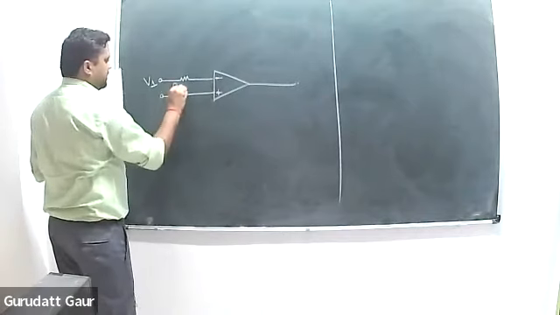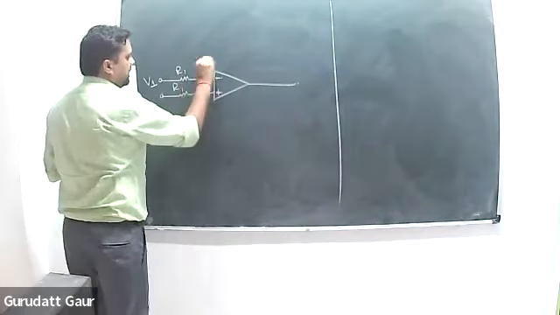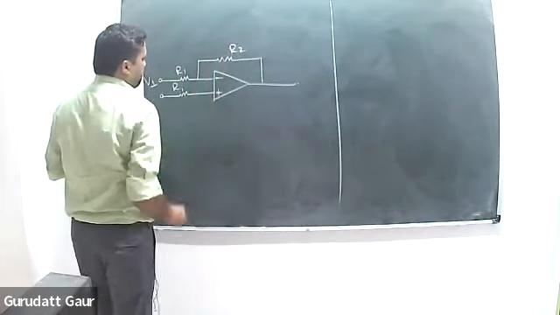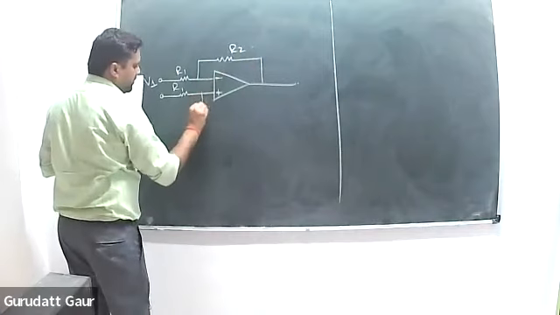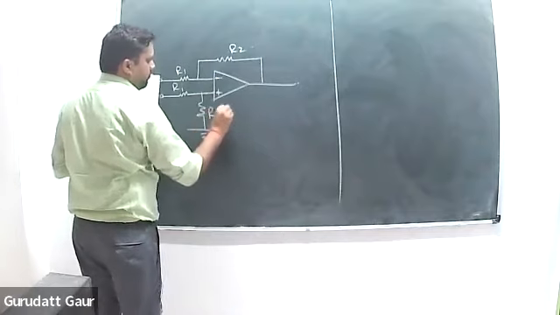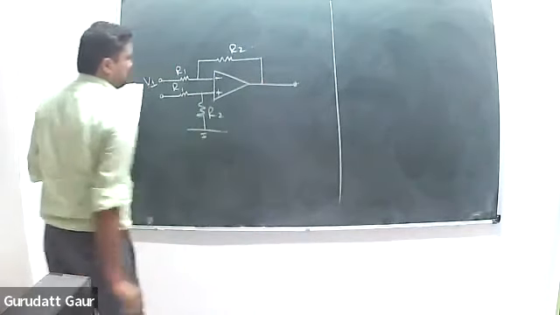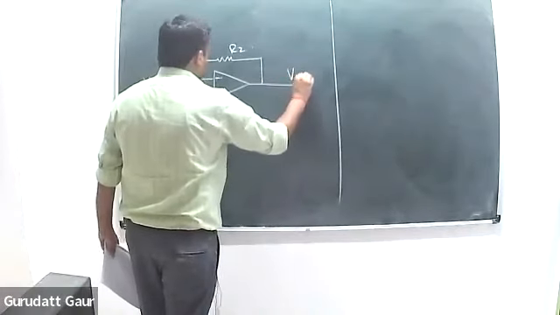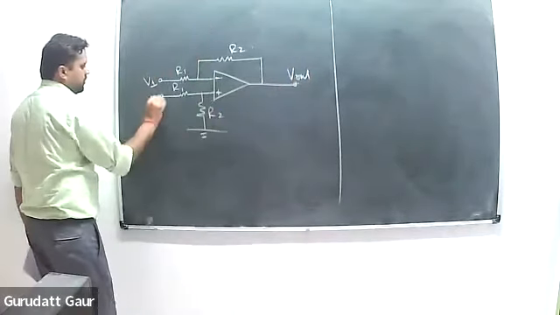So this is R1, this is R1, this is R2, the negative feedback, and this you will use as a voltage divider with R2 to ground.